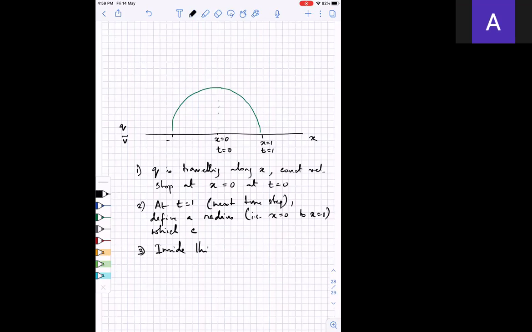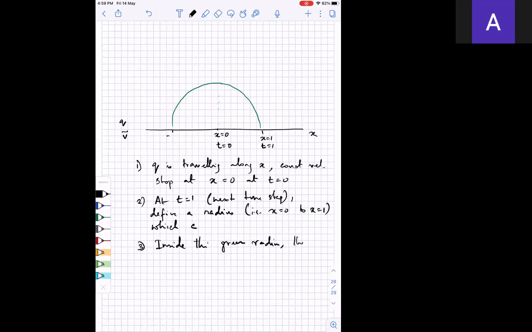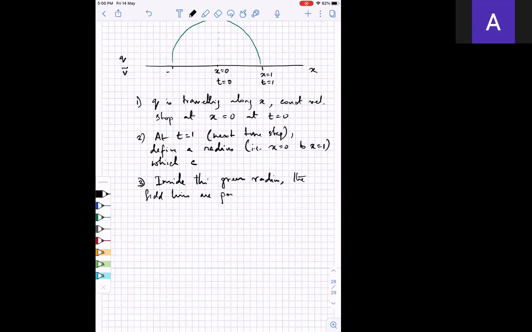Inside this green radius, the field lines are pointing at x equal to 0 because the charge came and stopped over here at x equal to 0. So let me draw the field lines over here. Let's say like this.